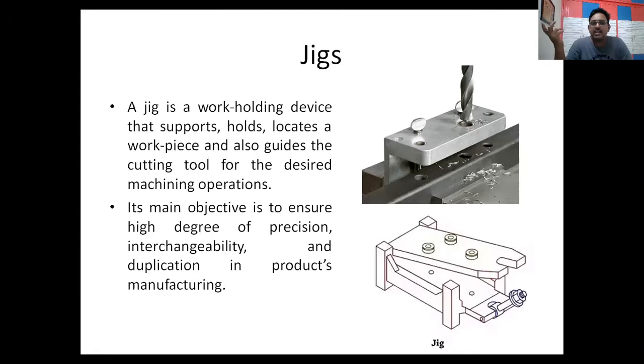Therefore, high degree of precision is not possible, and manufacturing lead times will be more, because we have to mark and we have to insert the tool and all these things. It will take so much lead time. Therefore, definitely with these jigs, our main objective is high degree of precision and interchangeability and duplication of works and products.